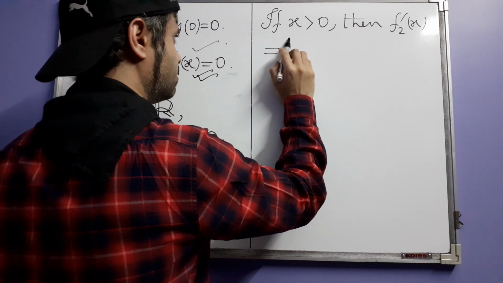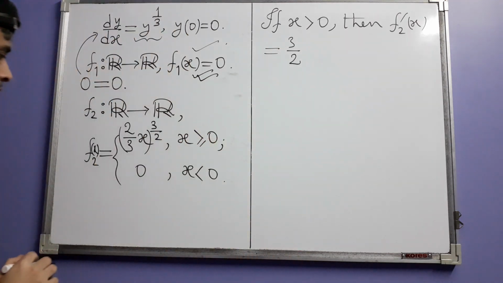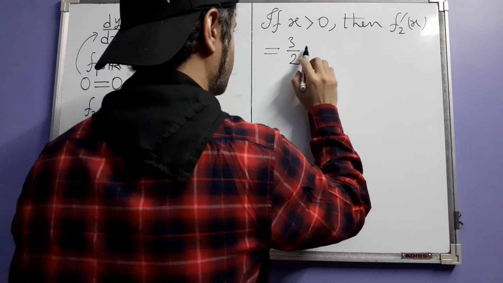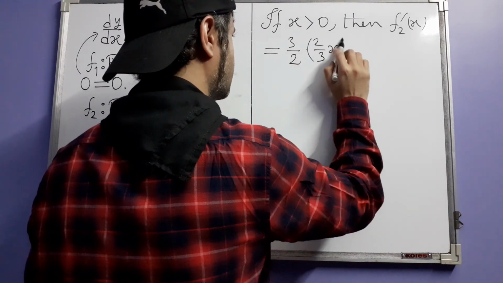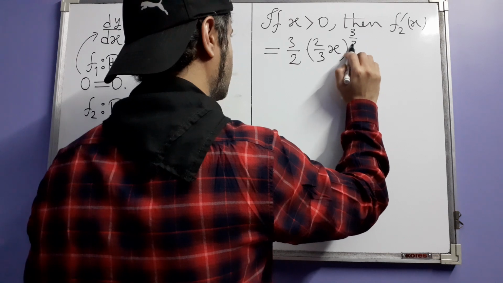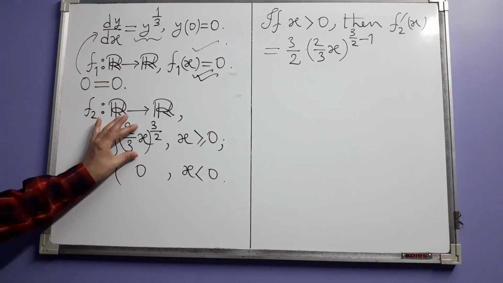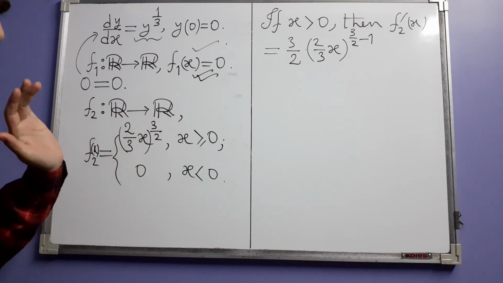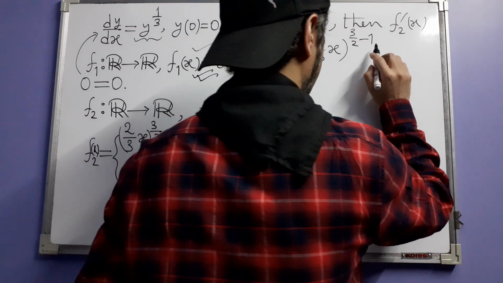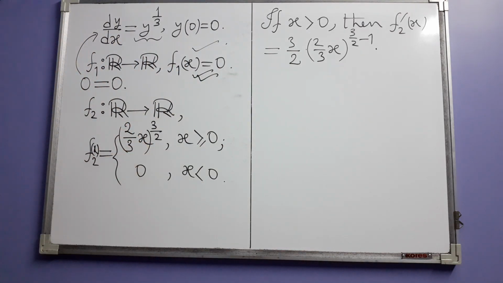And it will be 3 divided by 2 times 2 divided by 3 times x to the power 3 over 2 minus 1. So you are first differentiating with respect to 2 over 3 times x, this power, and then according to chain rule you then have to differentiate this inside with respect to x.